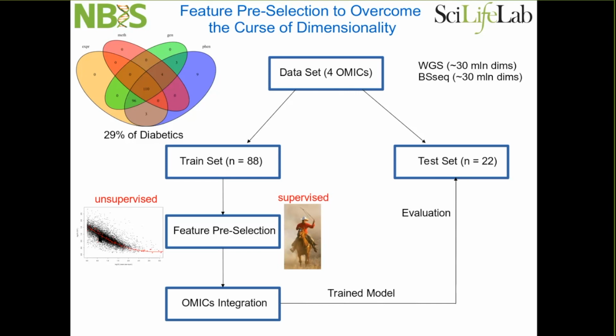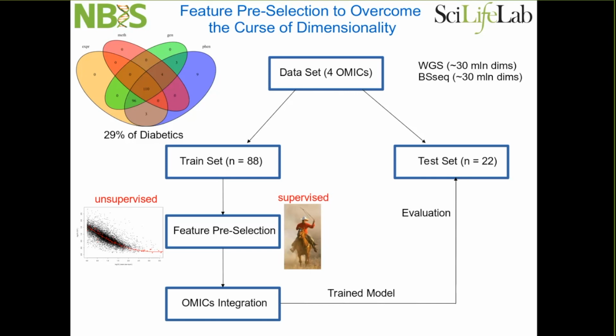What you do here is look at some measure of variation of your gene expression. For example, with gene expression data, you look at how much each of your genes varies across samples, and you select only the highly variable genes.